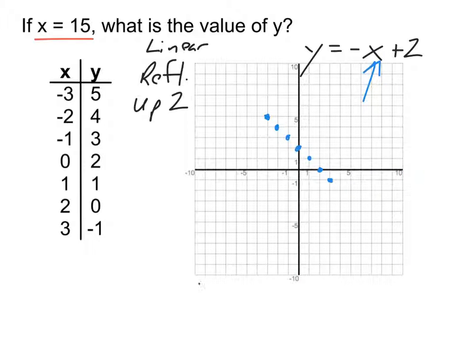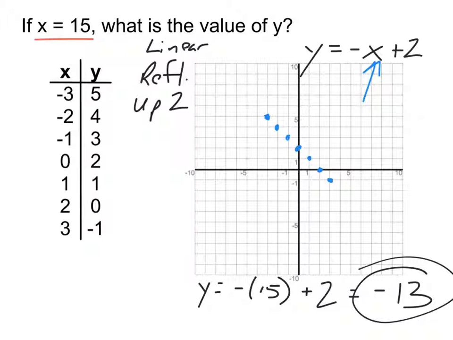So that will give me y equals negative (15) plus 2. And again, you'll notice I'm keeping that habit of putting whatever I plug in in parentheses. So negative 15 plus 2, that's negative 13. And so that's my answer. The y value would end up being negative 13.